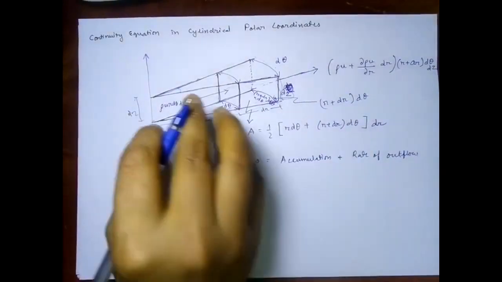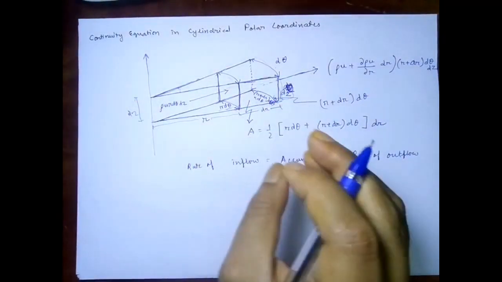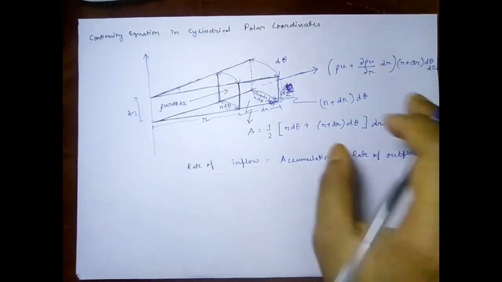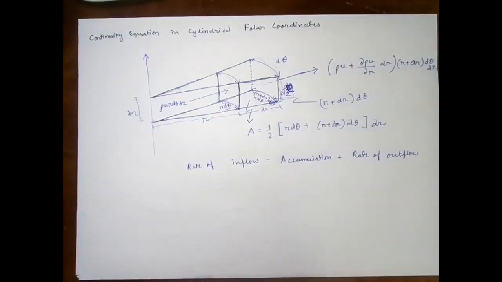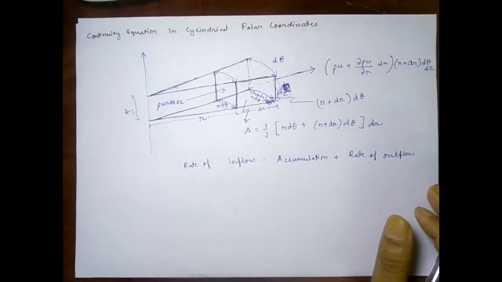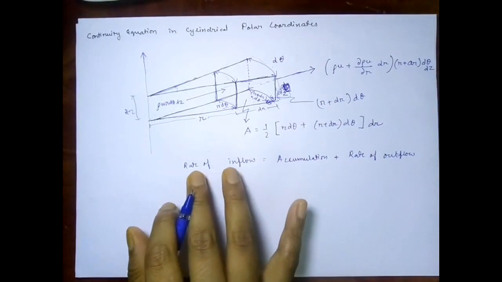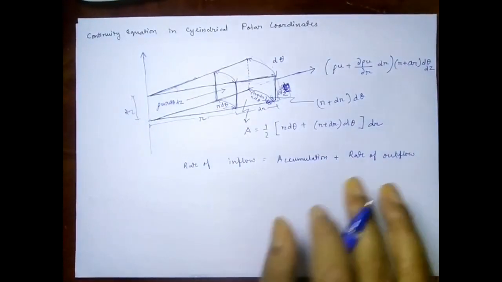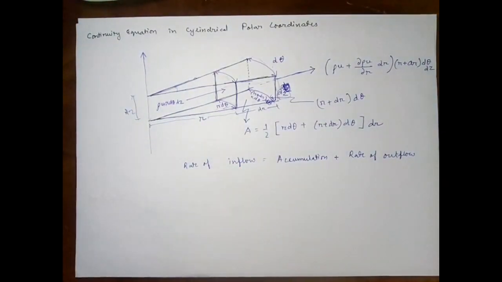Whatever mass enters will form the accumulation, and the remaining will be the outflow. Mass can neither be created nor destroyed, so the total inflow will be included in the accumulation and outflow.